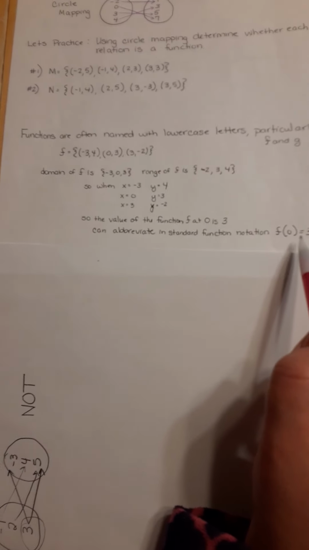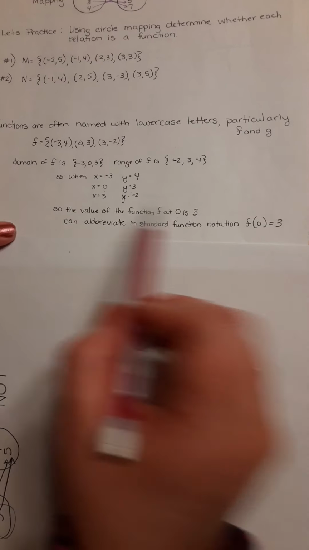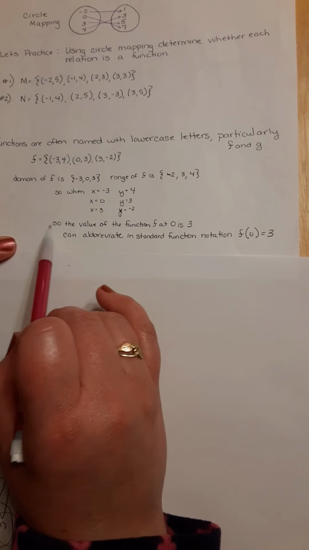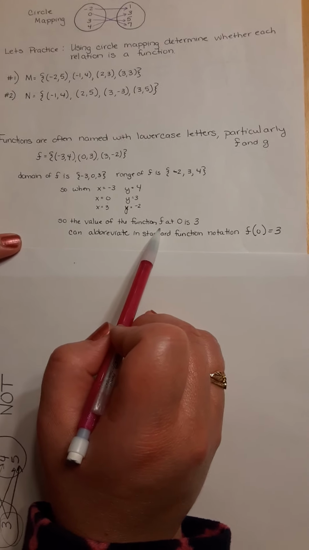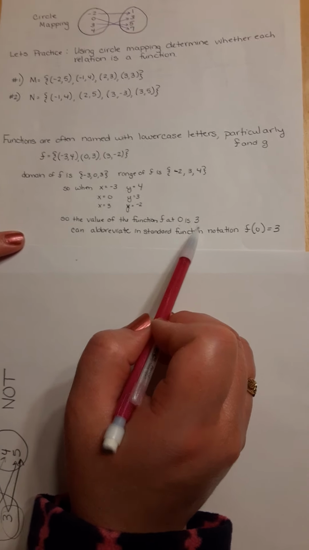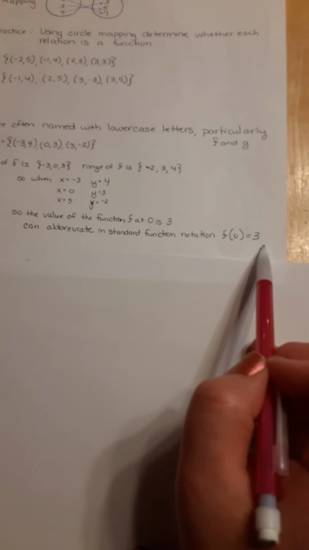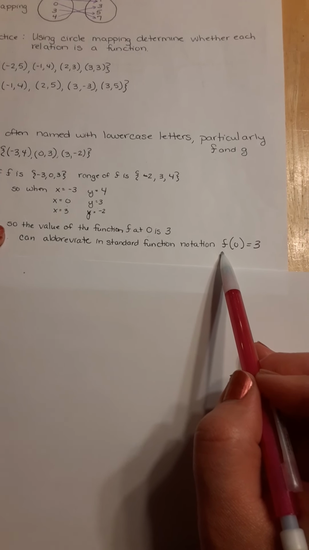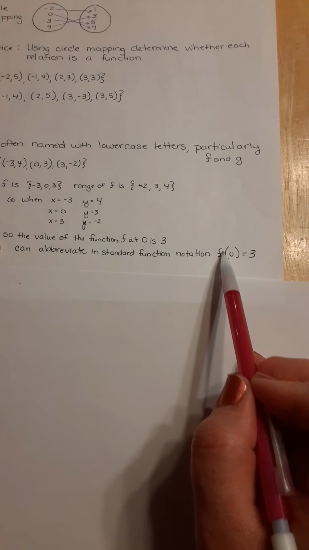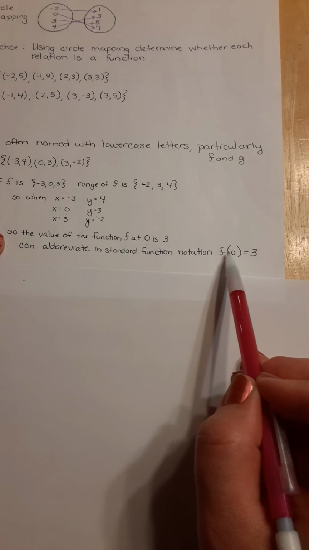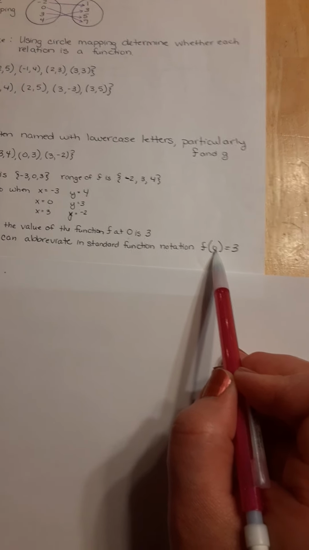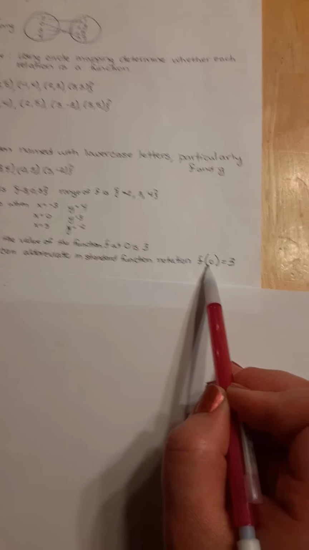We can get very specific in our writing, but it took a lot of words to say that. The value of the function f at 0 is 3. We can shorten it. Here is my function f, and here is my value for x.